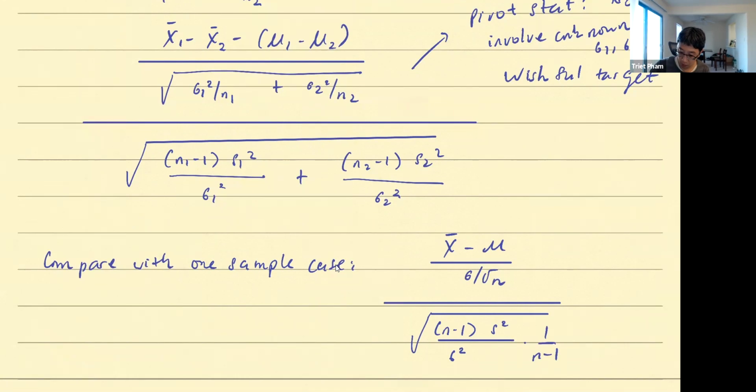So why was this fine as a pivot stat? Why could we use it in the one sample case? But when we move to the two sample case and try to generalize it, it doesn't work.